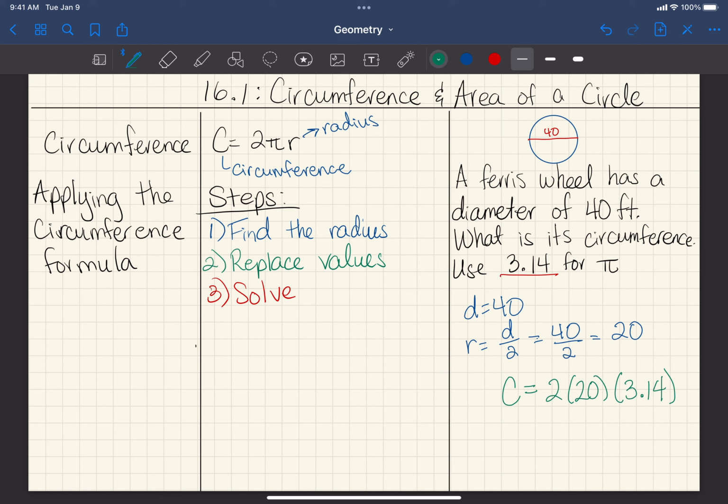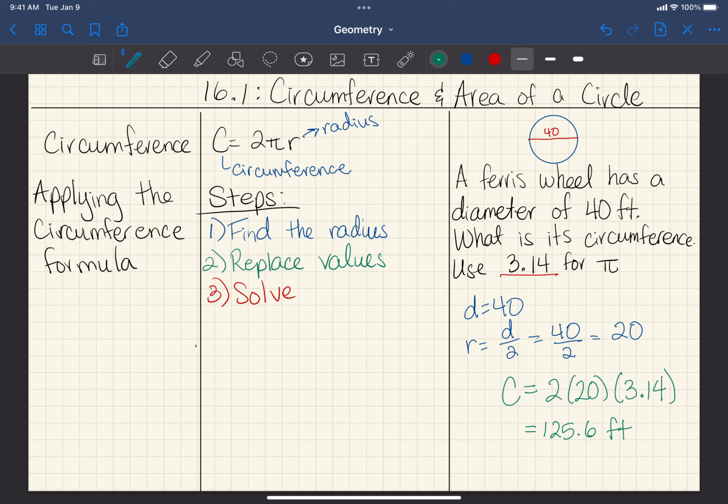It's not a big number that you have to deal with. So they may put that in the no calculator section, but it's not terrible, okay? So when I put that into my calculator, I get that my circumference is 125.6 feet.